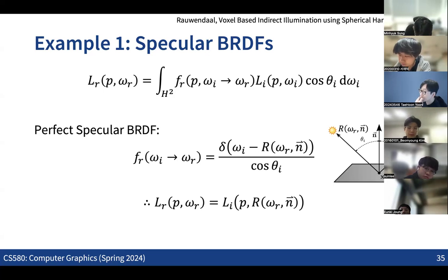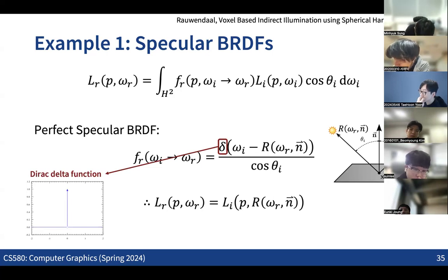So this is the case where we have this Dirac delta function, right? Here the delta means the Dirac delta function, so the BRDF becomes 1 when these two are the same. Otherwise, the BRDF becomes 0, right? So this is the special case of perfect specular reflection.